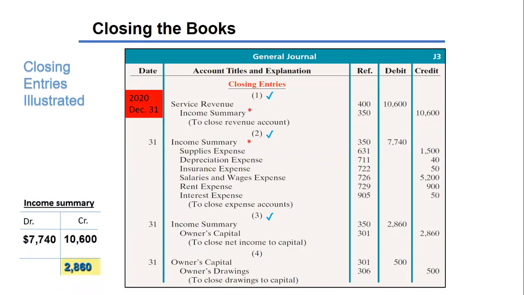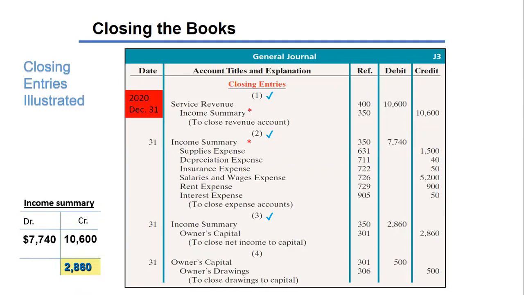So based on the T accounts that you can see to the left, the balance of the income summary is 2,860 credit. So in order to close it, we have to set income summary debit 2,860. And the income summary is closed to the owner's capital.